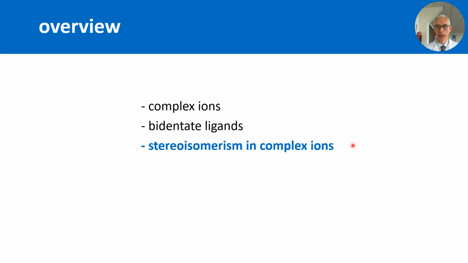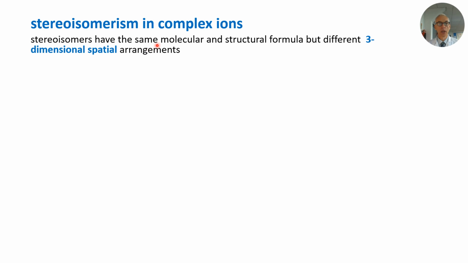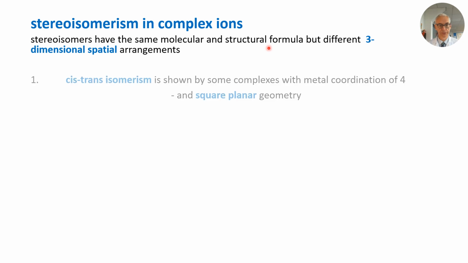Stereoisomerism in complex ions. Stereoisomers have the same molecular and structural formula, but a different arrangement in 3-dimensional space. You will have met cis-trans, EZ, and optical isomerism.